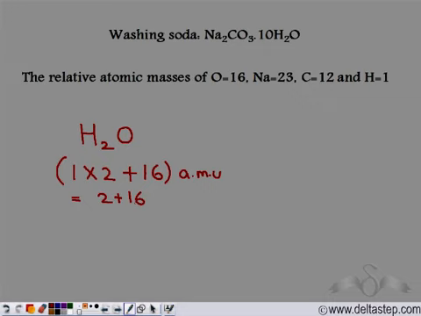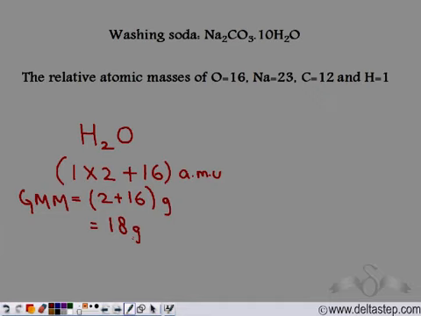And when we express the relative molecular mass in grams, that is known as the gram molecular mass. So gram molecular mass is abbreviated as GMM. So now we can express this in terms of grams. So we get 18 grams. But in washing soda, we have 10 molecules of water.